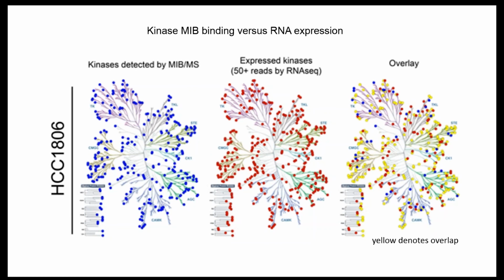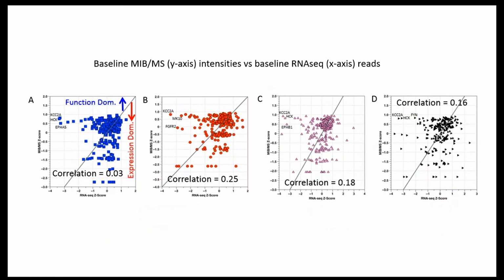And if you look at the relationship between MIB-MS binding and baseline RNA-seq, so we're looking at baseline kinome capture, the baseline expression of functional kinases, there's an extremely poor correlation between RNA expression and expression of functional kinases.